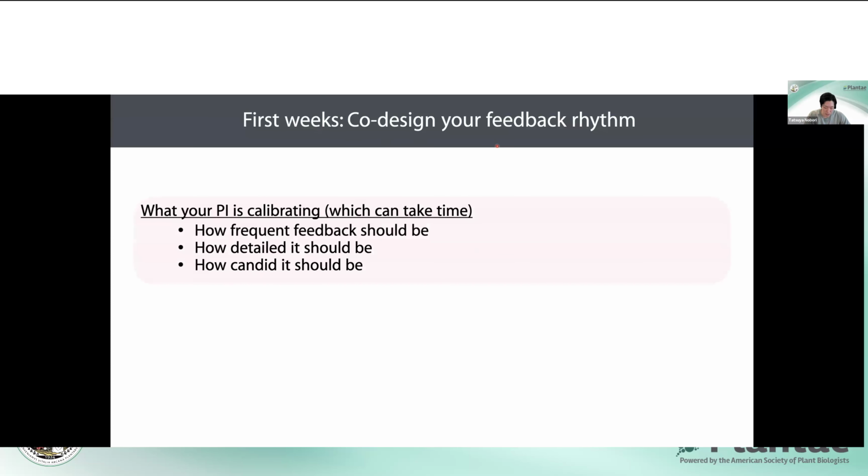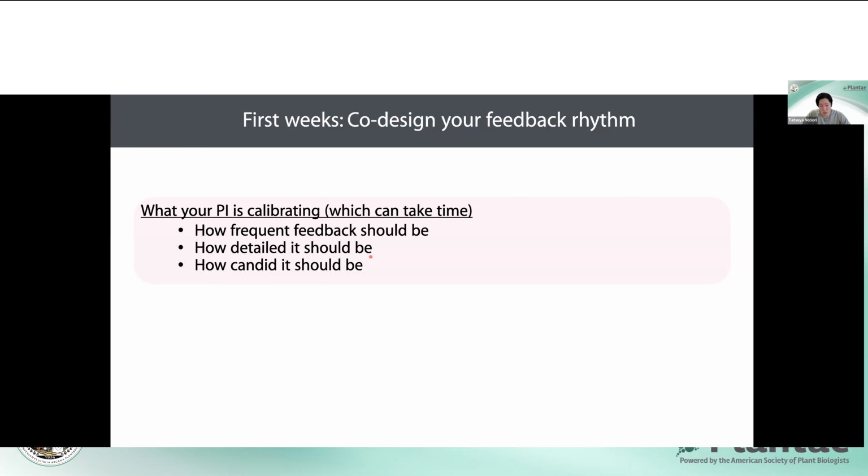Again, I cannot speak for other PIs, but at least what I try to do when I have a new member in the lab is calibrate things like how frequent I should give the feedback, how detailed the feedback should be, how candid it should be, and so on. And it can take time, especially when we are from different cultures, right? Because I need to understand the person and calibrate things.